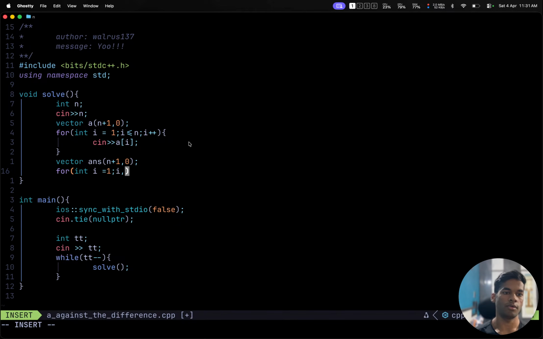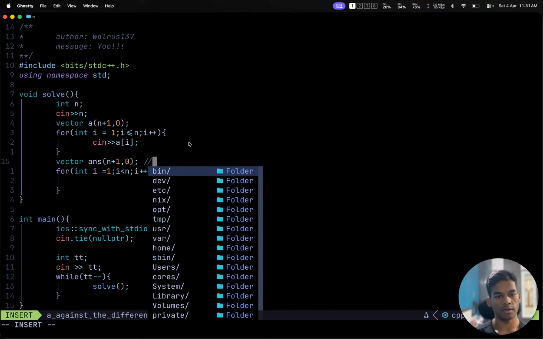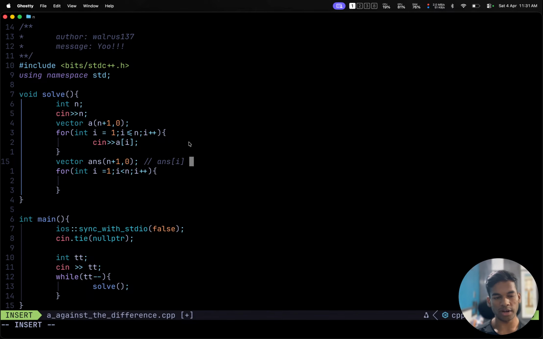For int i equals 1, i smaller than n, i plus plus. Okay, and here it is pretty cool to write down what answer i means.